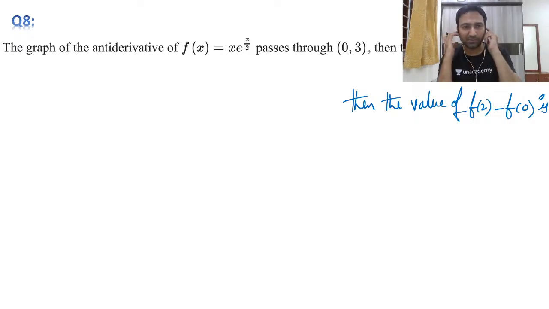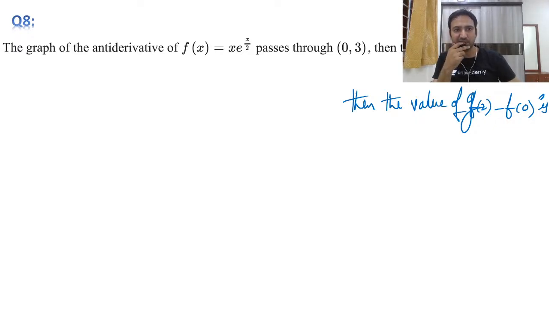Okay, right. Now, one second, something is missing here. The graph of antiderivative passes through 0, 3, then the value of g of 2 minus f of 0. Actually, it is g of 2 he is asking. But what is g of x?